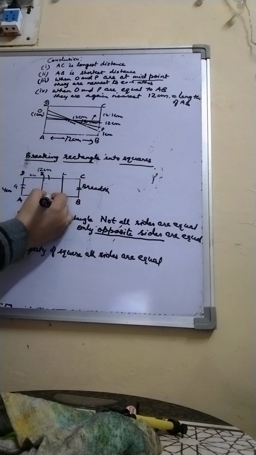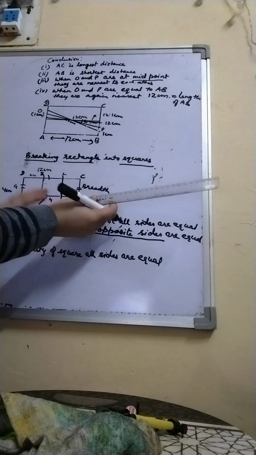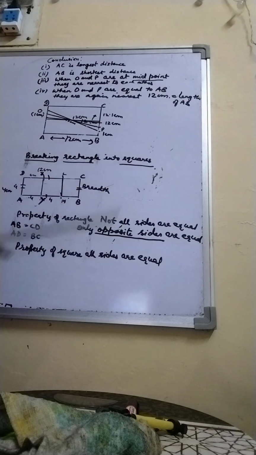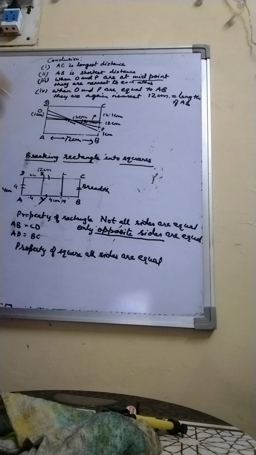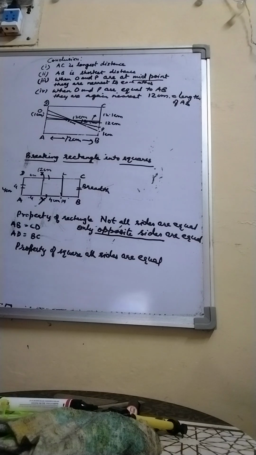Now this is 4 centimeter, this is 4 centimeter, and when we measure the third one, this would also be 4 centimeter. So you get 3 squares out of this rectangle.